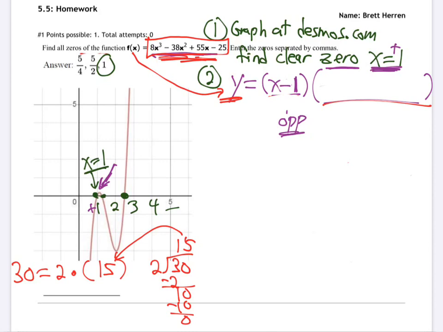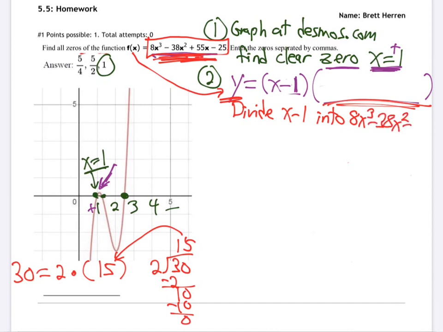Well, how you find what will multiply x minus 1 to get back the 8x cubed thing is you divide x minus 1 into the 8x cubed minus 38x squared plus 55x minus 25. All right, so we're going to do that with synthetic division.